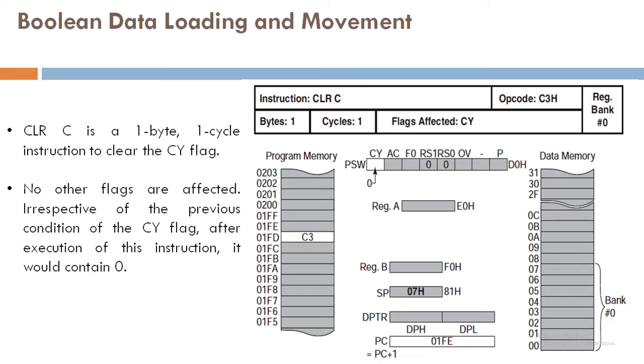We have written C3, that is the operational code of CLR C. When that instruction gets executed, the content of CY becomes 0. Whatever the initial content of CY, after execution of CLR C, the location in the PSW reserved for the carry flag will become 0.